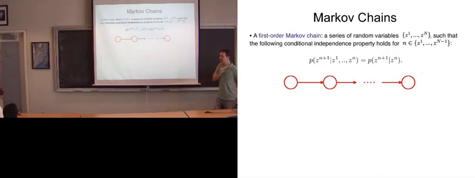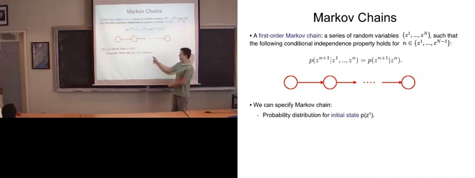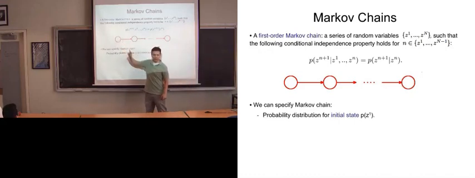So the intuition here is that the future only depends on the present, and you're disregarding the past. Now, we can specify the Markov chain in the following way. We have to have a probability distribution for the initial state. This is the probability distribution of z1, the first state.